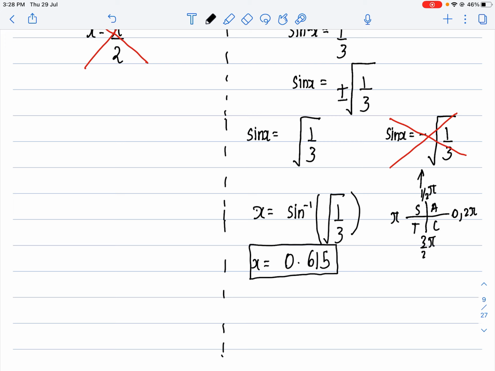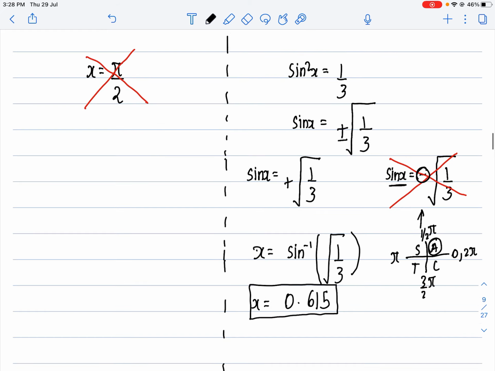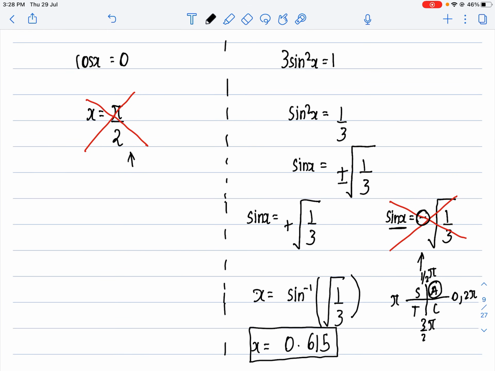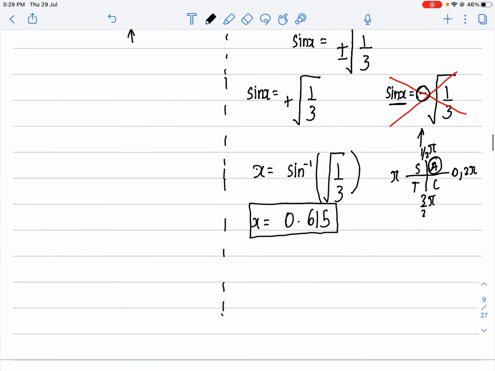Because from 0 to half pi everything is positive, that means sin x cannot be negative. It only has to be positive. That's why we straight away eliminated it. And we eliminated this value because it was not in the domain, correct? So the only answer I have is 0.615.